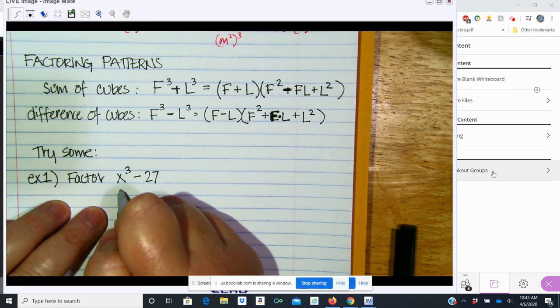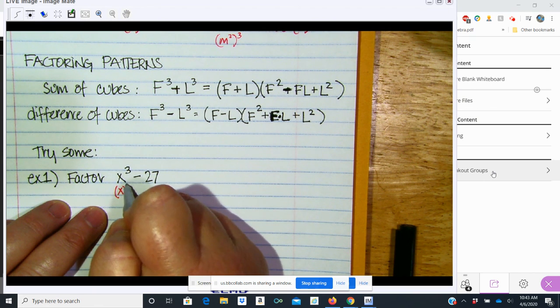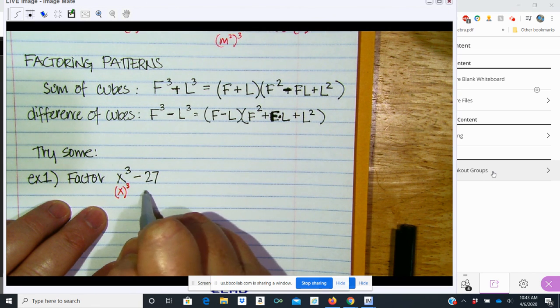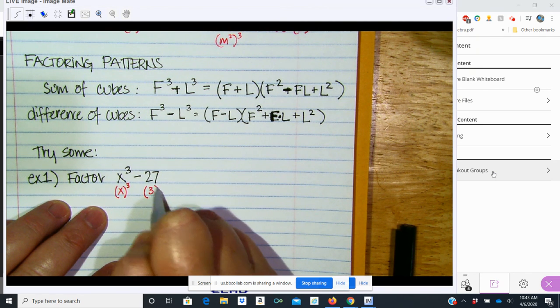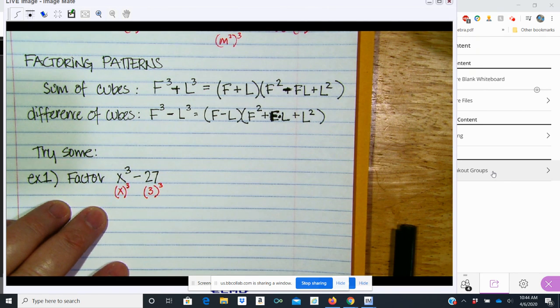X to the third is an x cubed. 27 is a 3 cubed.